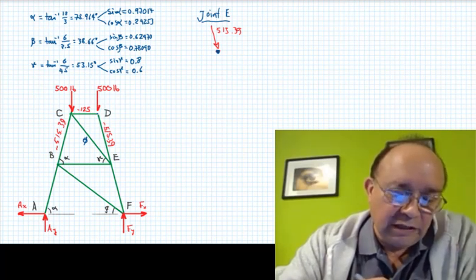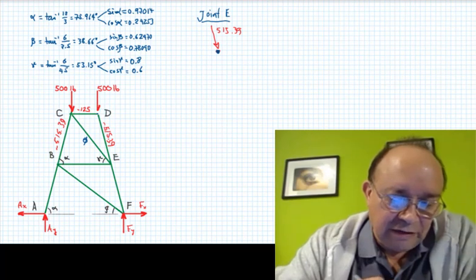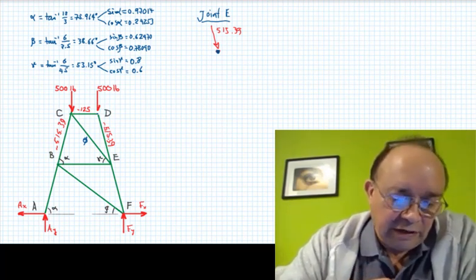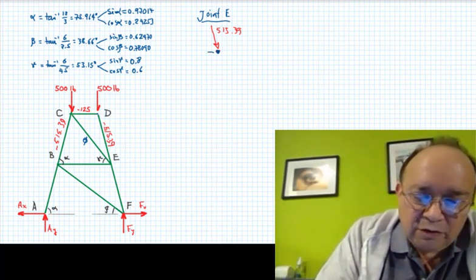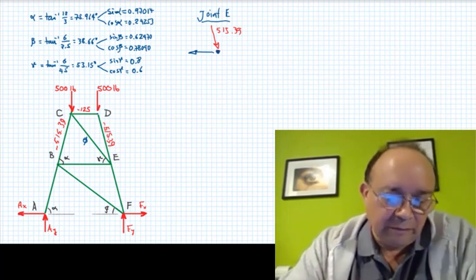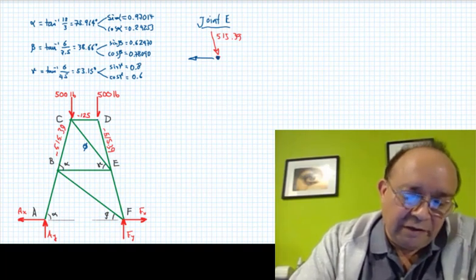Now it has another force CE. CE doesn't have load, it's 0, so I don't even draw it. Now the force BE is unknown, I don't know it, so I put it in tension. Tension means going out of the joint. Let's put the name BE.